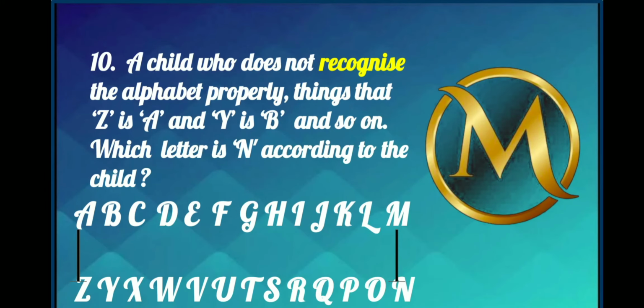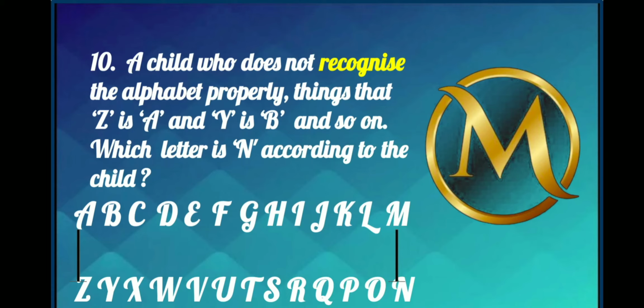The next one: a child who does not recognize the alphabet properly thinks that Z is A, Y is B, and so on. Which letter is N according to the child? If you remember, I told you that we will write the alphabet in a U shape.